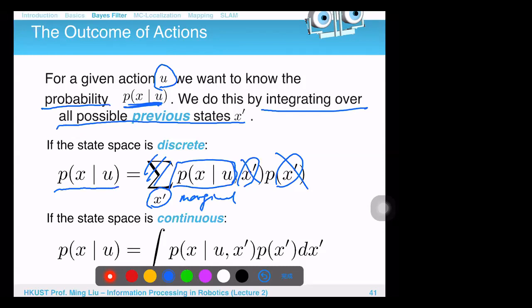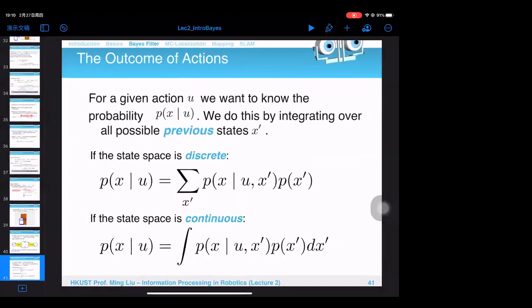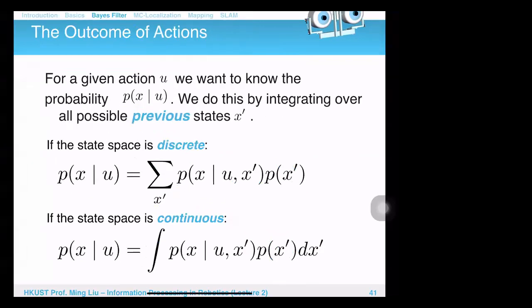And also you have a continuous version. In this version, P of x given u is the integral over x prime. By integrating out all the x prime, you will get the P of x given u. Our equation is quite balanced, so we don't explain further, and it's very easy to track this definition. Good.